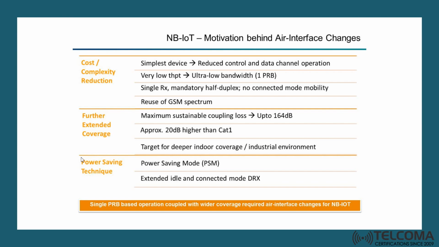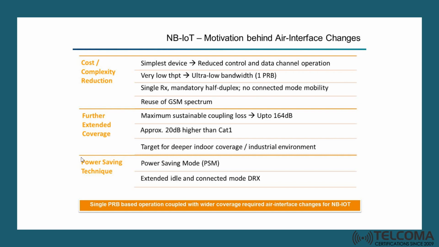We are getting maybe 1 kbps, a few kilobits of speed through this particular technique. And ultra low bandwidth, we will just utilize one PRB, that is around 180 kilohertz, and it is single RX, same as EMTC, and here it is mandatory half duplex, whereas in EMTC it is not mandatory.